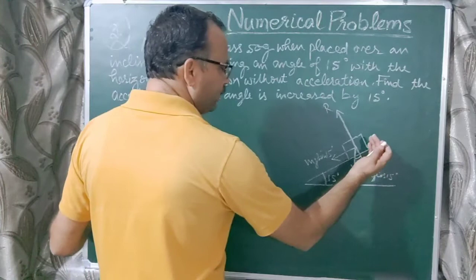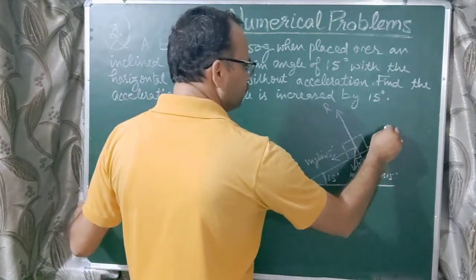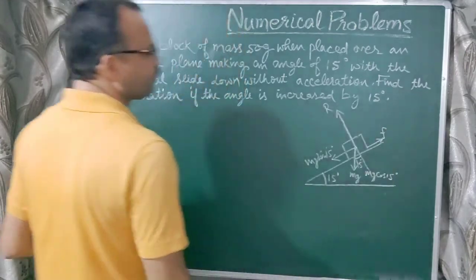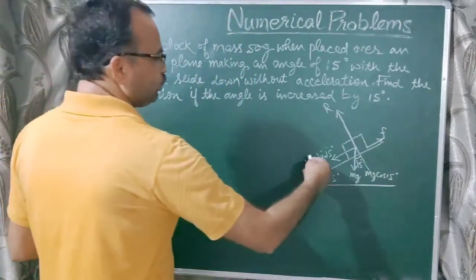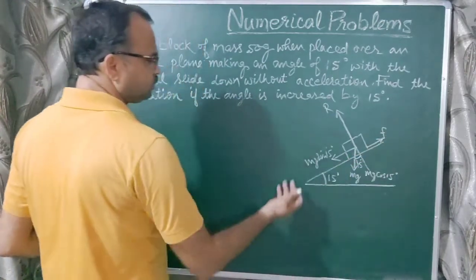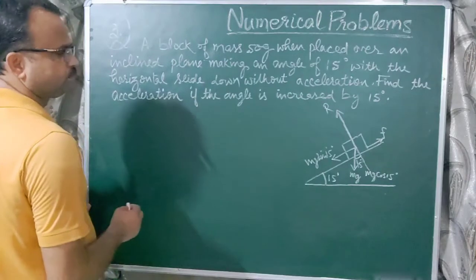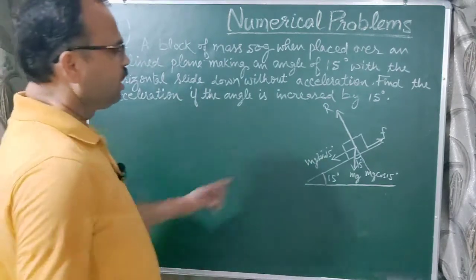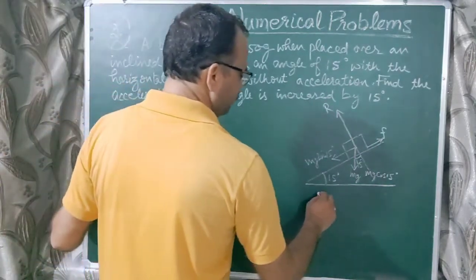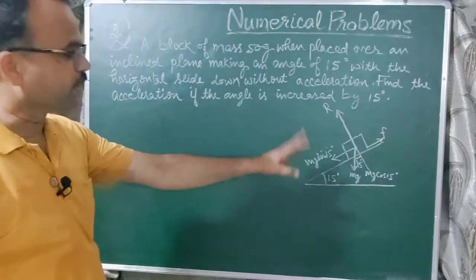As the body tends to move downward, frictional force is set up between the two surfaces. In that condition, this frictional force balances the component of weight along the plane, and the value of R is equal to mg cos 15 degree.